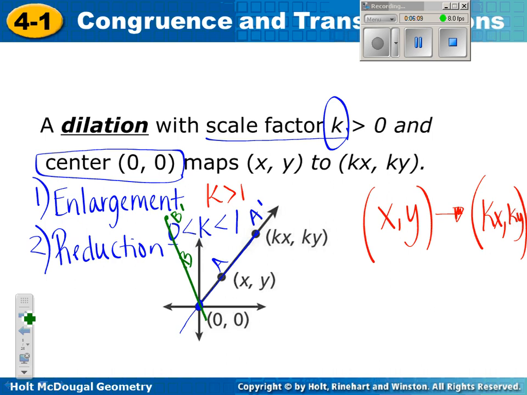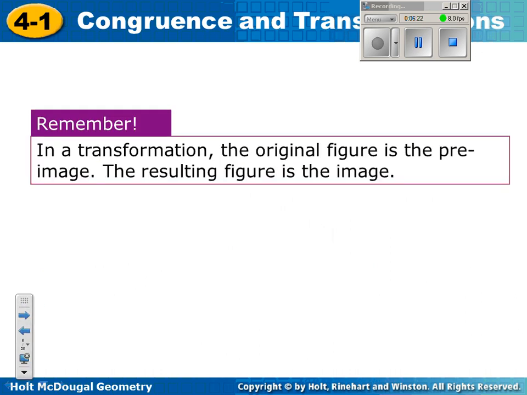And I'll show you that in an example in a minute. But your center is always at the origin unless when you go image to pre-image, where they intersect is not the origin. And wherever that is, that's your center. Okay, we already know that.